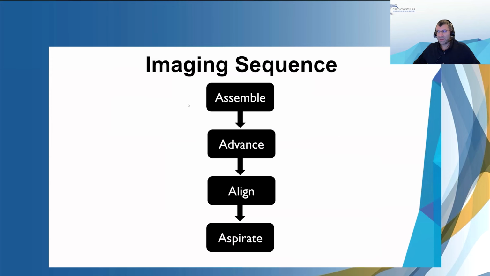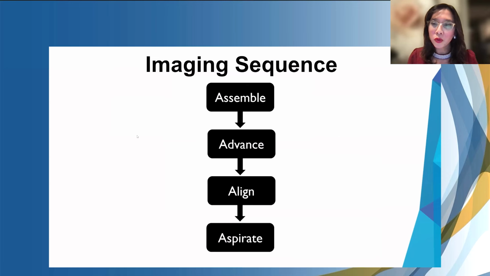So Nadira, maybe just a quick comment on the imaging sequence. Do you have this common language that you use? Yes, once you assemble it and advance it, for the right side, it's easier. We'll show you a case, guiding using all tools, whether it's 2D or 3D MPR.